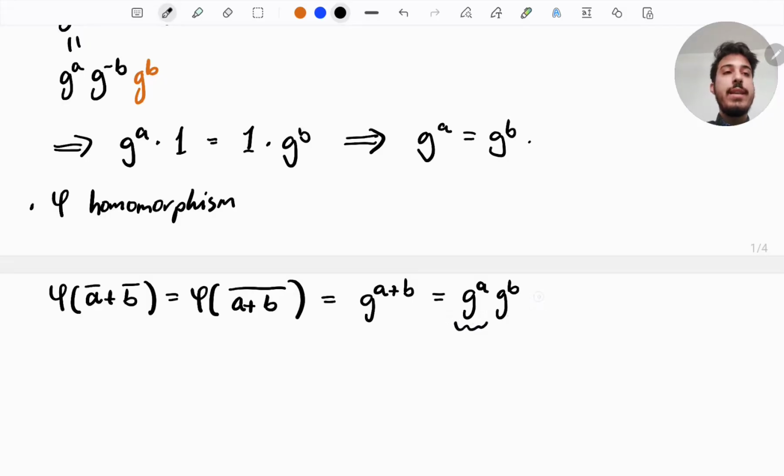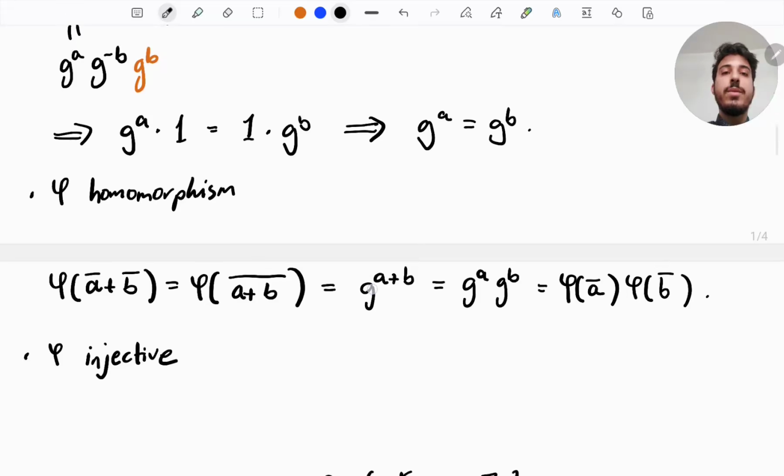But g to the a is phi of a bar, and g to the b is phi of b bar. So phi is a homomorphism. We now prove that phi is injective.